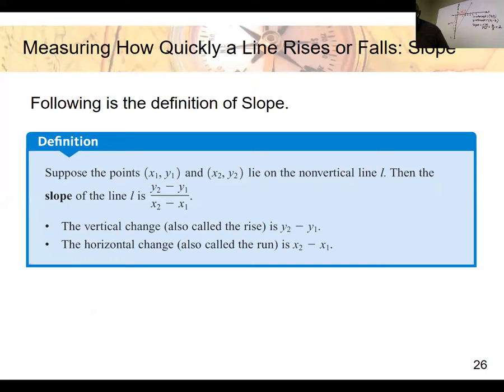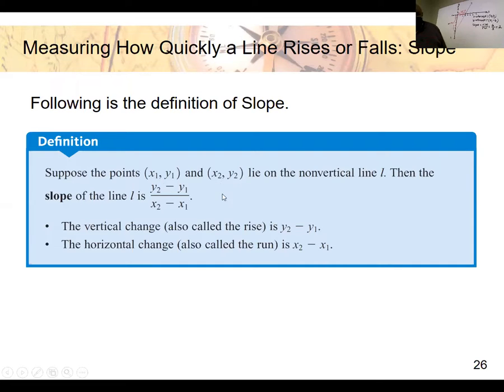Okay, let me give you the definition of a slope. If we have 2 points, x1, y1, and x2, y2, and they lie on a non-vertical line called L, then the slope of that line L would be this formula right here. The difference in your y coordinates, y2 minus y1, divided by the difference in your x coordinates, x2 minus x1.